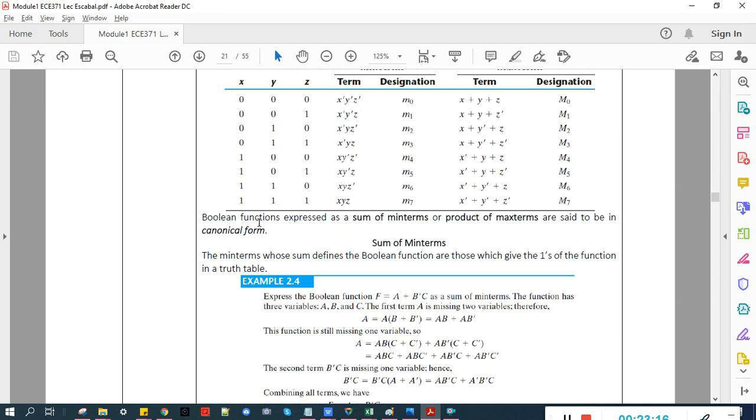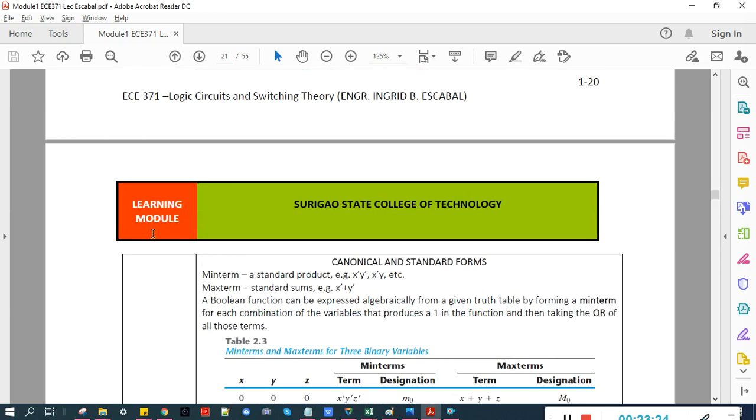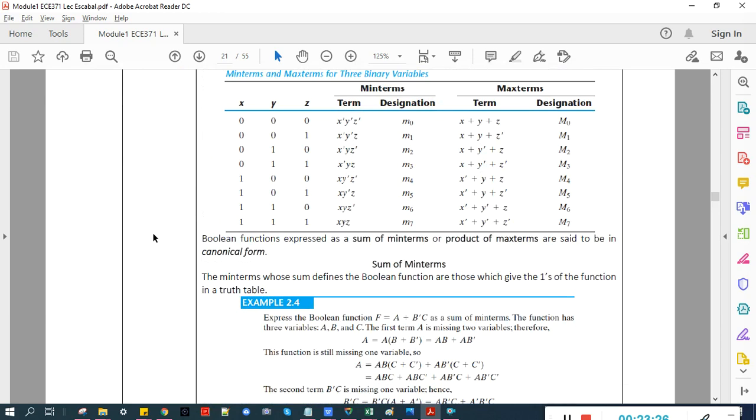Boolean functions expressed as the sum of mean terms or product of max terms are said to be in canonical form. If we use the sum of these mean terms or the product of these max terms, that is classified as being in canonical form.